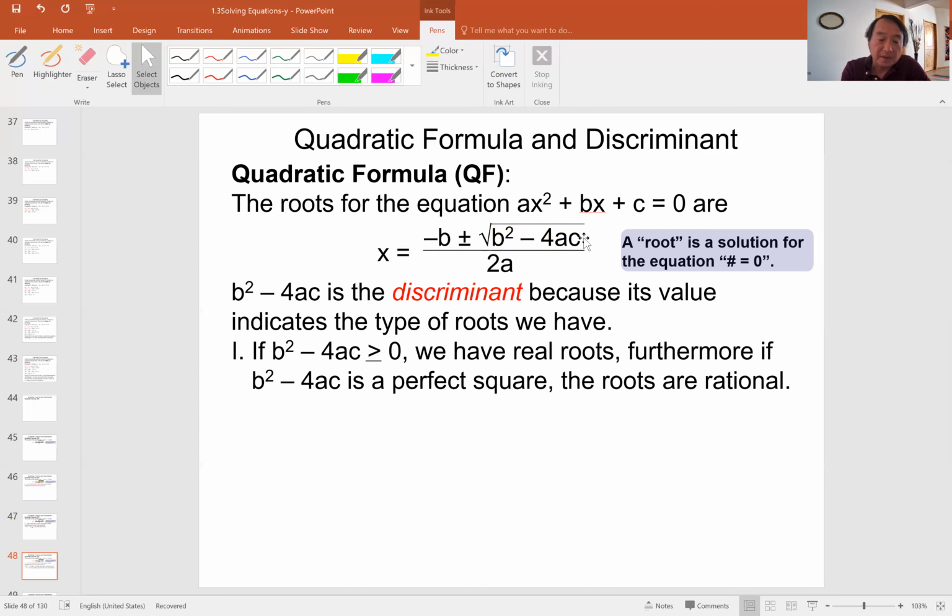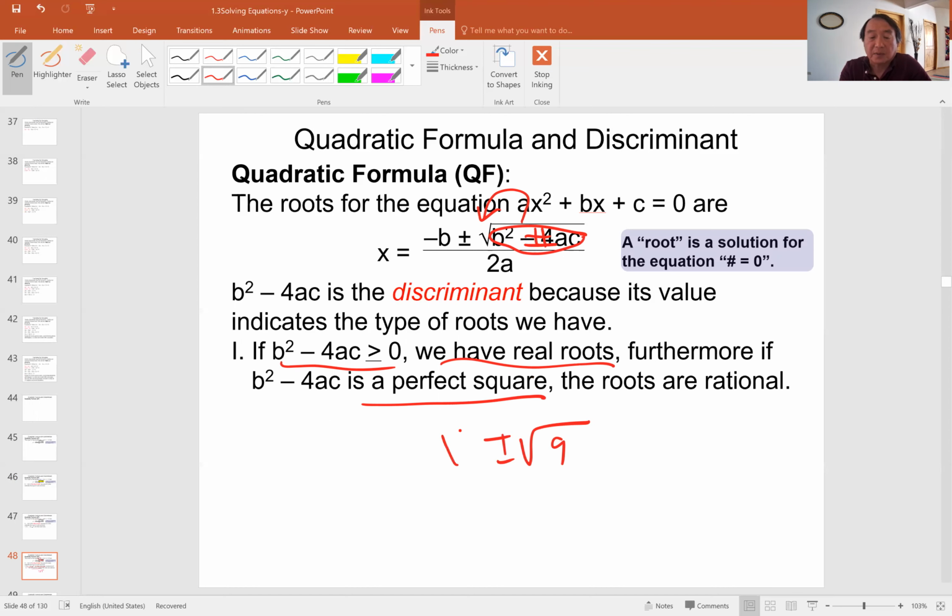Very briefly, if the number is bigger than or equal to 0, then this number can be square rooted as a real number, then the answer will exist as a real number. In particular, if the number in here is a perfect square, like the square root of 9, plus or minus, these numbers actually come out to be 3.